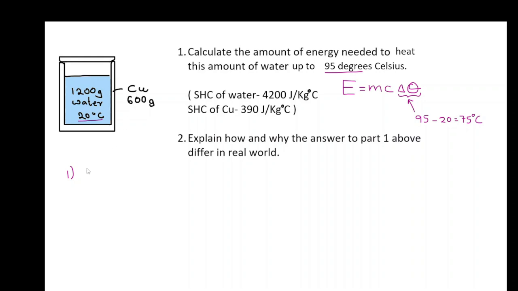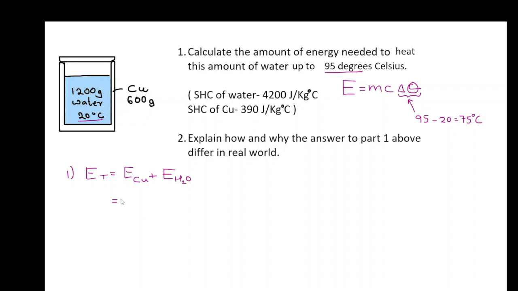So, the total amount of energy, E total, equals E copper plus E water. Basically, you need to find the energy needed for copper and then add the amount of energy needed for water. So let's do that.